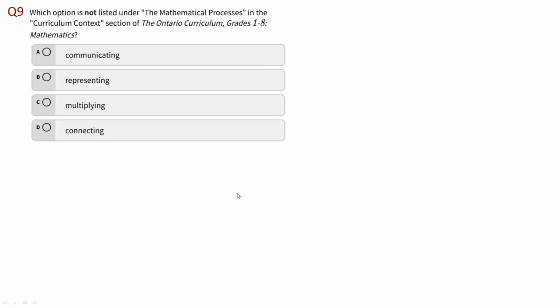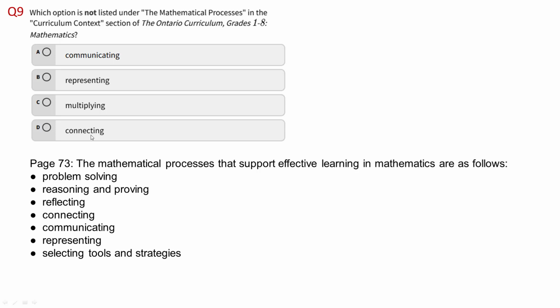Number 9, which option is not listed under the mathematical processes in the curriculum context section of the curriculum grades 1 to 8? Now, this would be the same thing actually for grade 9. The communicating, representing, connecting are all mathematical processes, but in the context of this question, multiplying might be a mathematical process for solving some question, but that's not what we're talking about here.